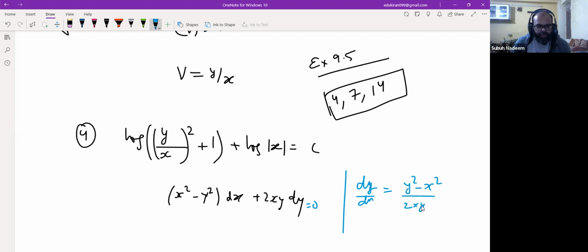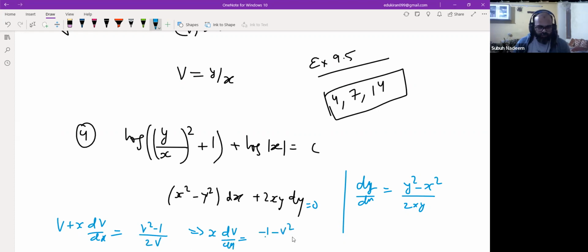It will become, right? And then you put y is equal to vx, so v plus x dv by dx is equal to (v square minus 1) by 2v. So x dv by dx will become minus (1 plus v square) by 2v.